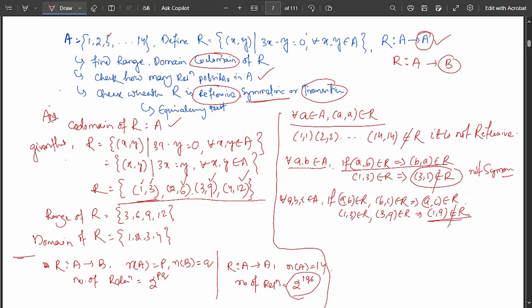So this is clearly not transitive. Hence it is not an equivalence.